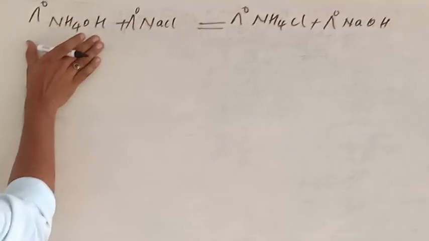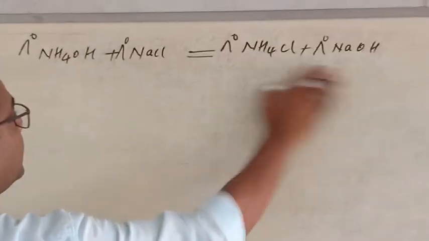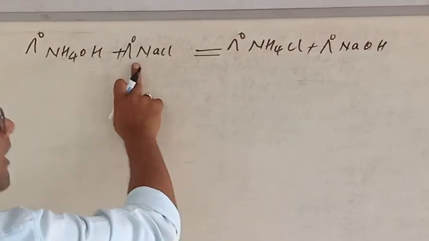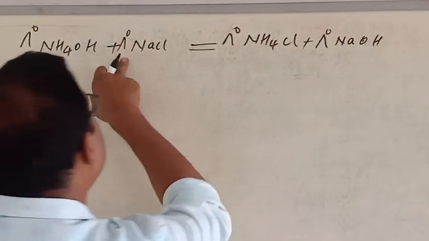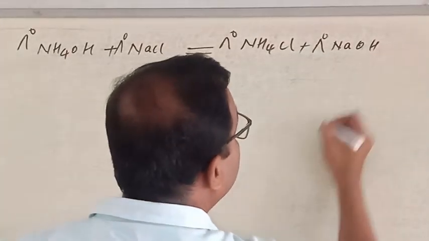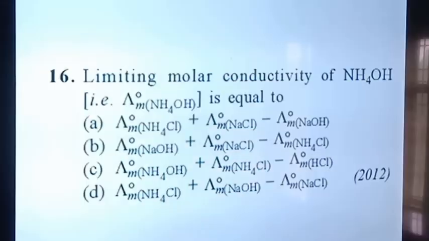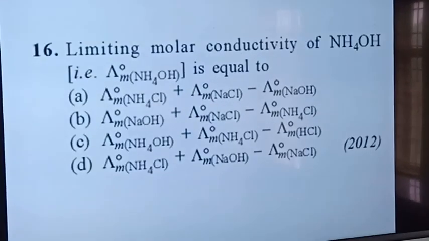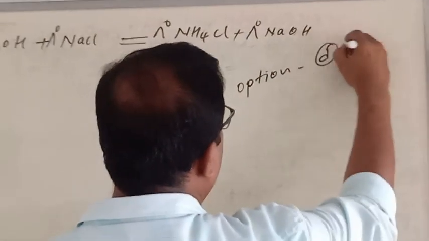You keep this side and send that side. If you send it that side, then minus the limiting molar conductivity of sodium chloride will come. So the correct option is option D, where minus NaCl, option D.